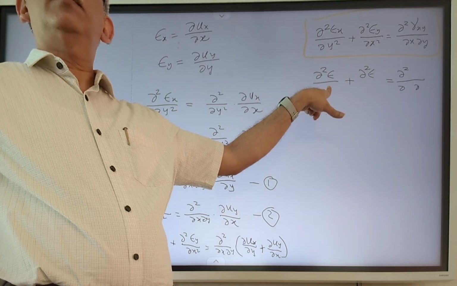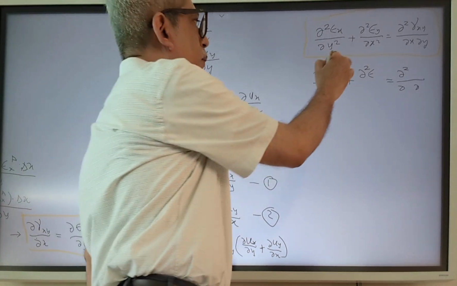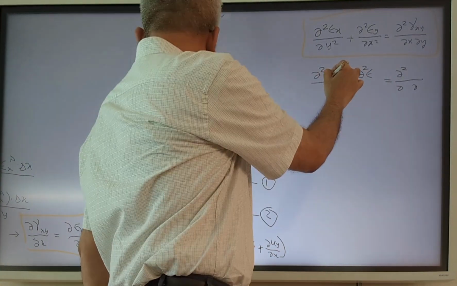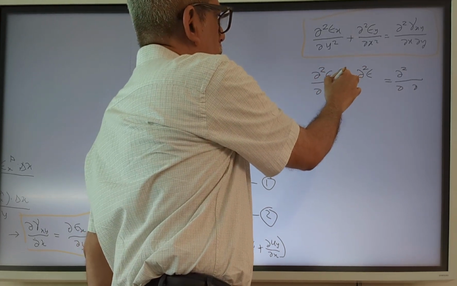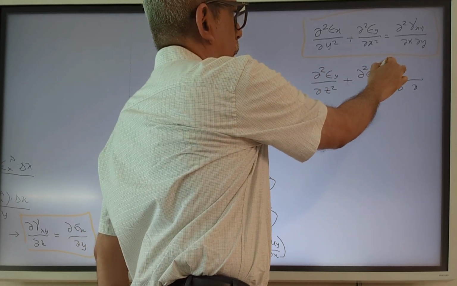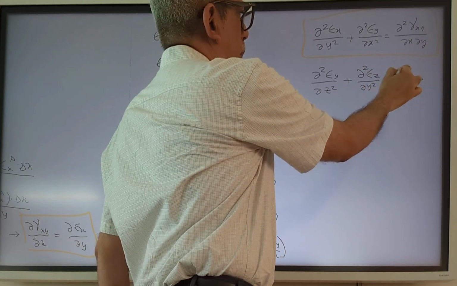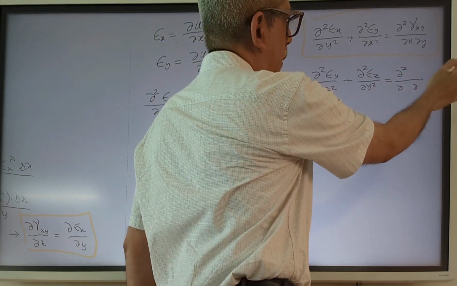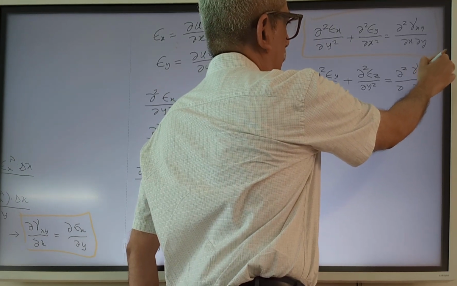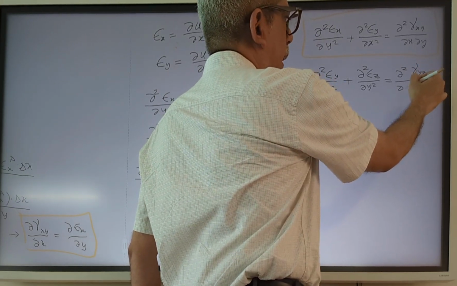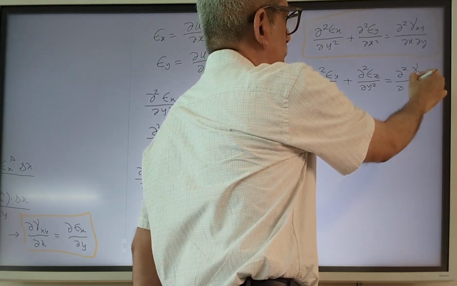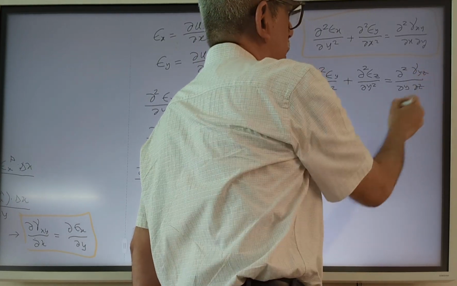Del 2 epsilon y by del z square, here it will be del 2 epsilon z by del y square, and what will come here? Gamma yz, and denominator del y del z.